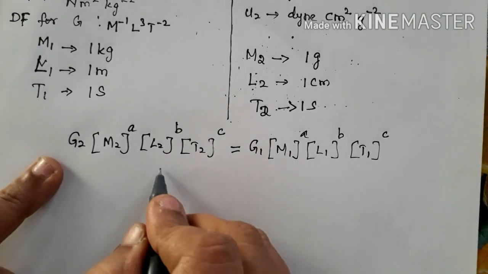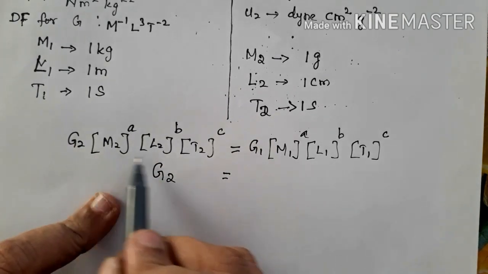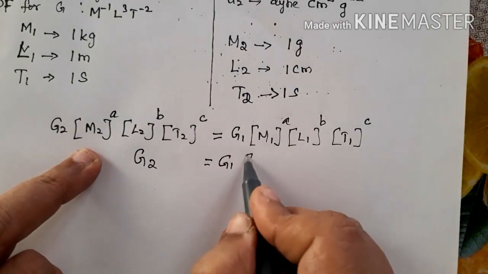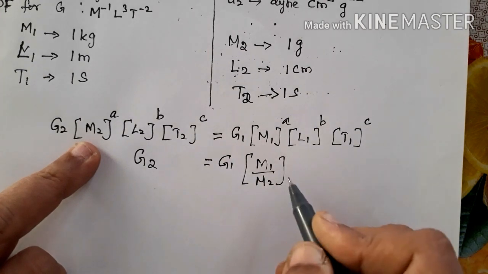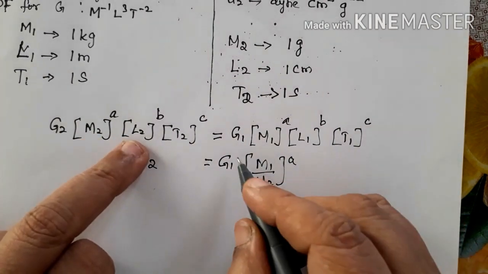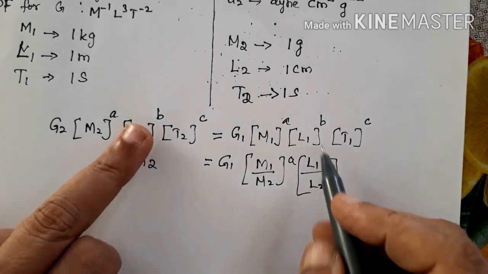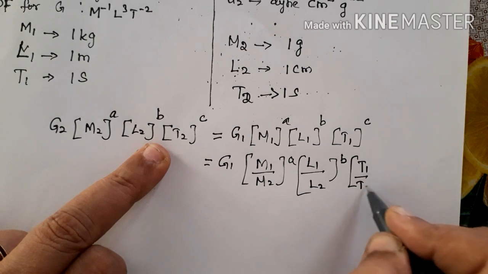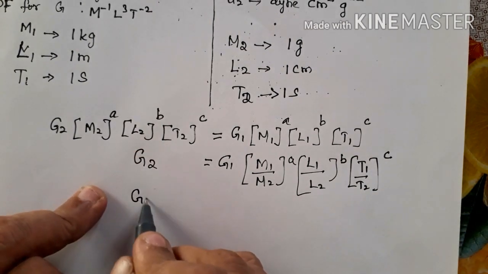Now, the gravitational constant in the second system, G2, is equal to, bringing all these terms to the denominator, G1 into M1 by M2 power A, L1 by L2 power B, both sharing the same power, and T1 by T2 power C. So G2 is equal to this.